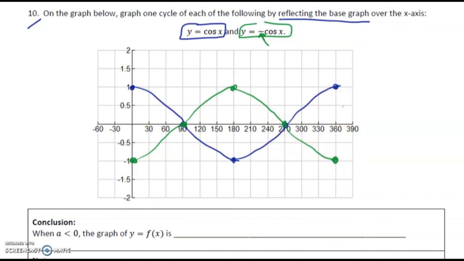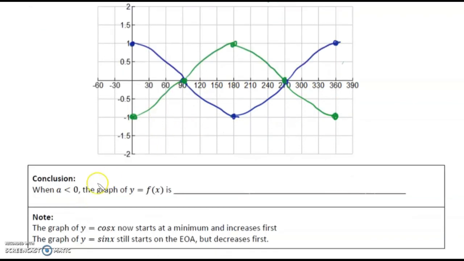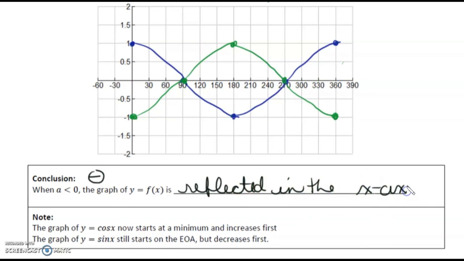Okay, and that's it. So let's just write a conclusion. When a is less than 0, in other words, if it's negative, the graph of f at x is reflected in the x-axis.